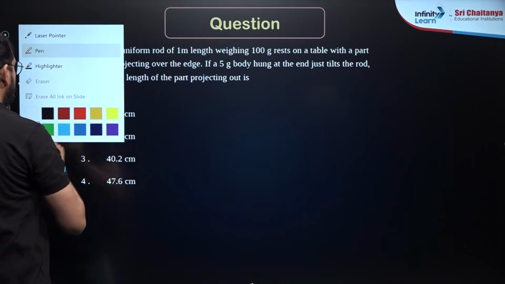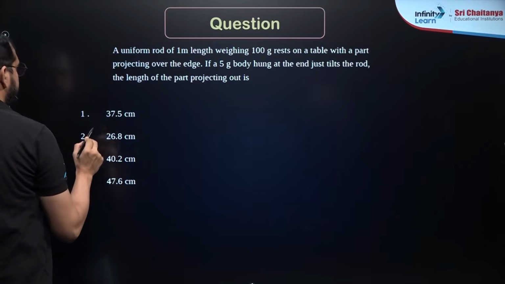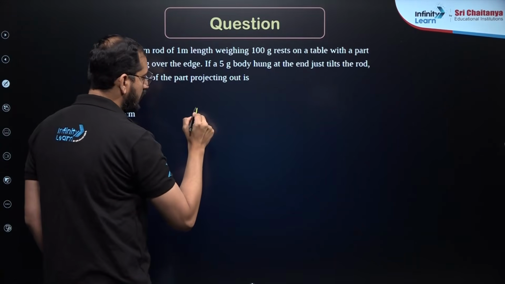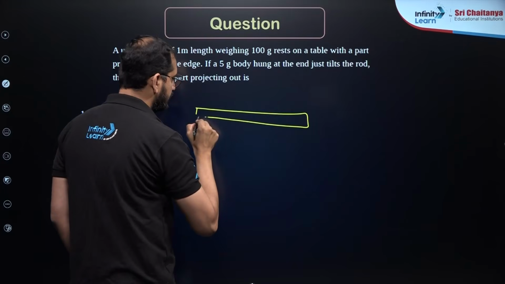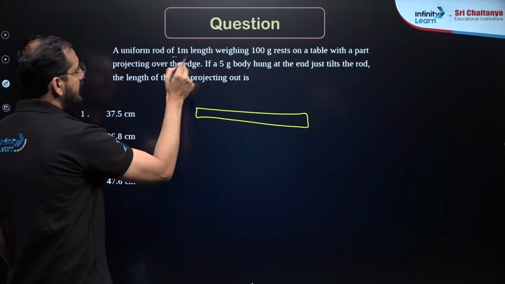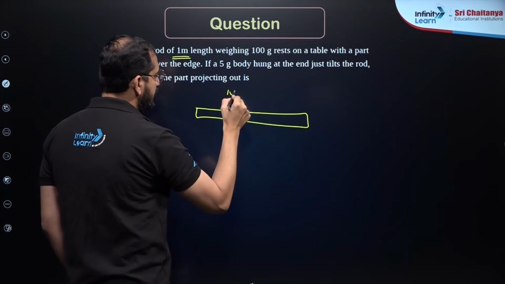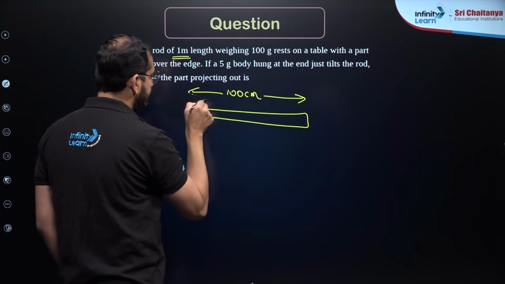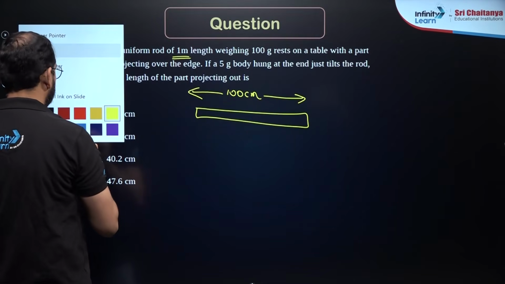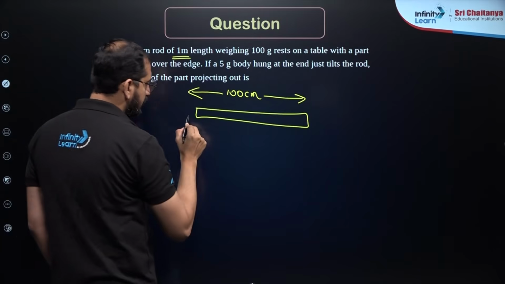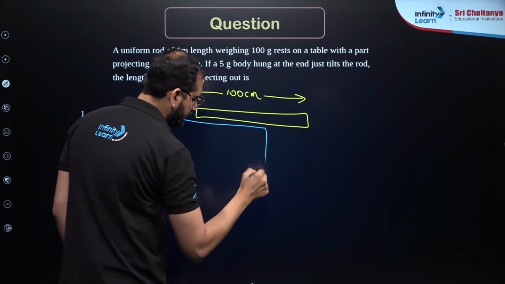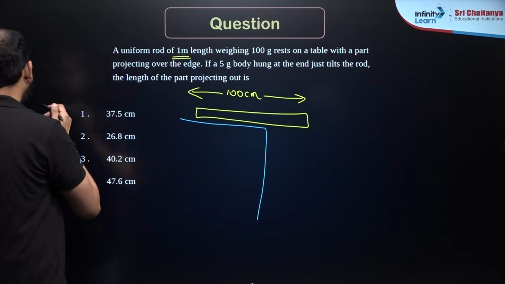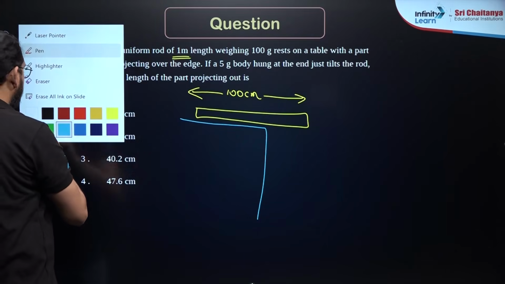So there is a uniform rod like this, and the length of the rod is 1 meter, which means it is 100 centimeter. It is kept on a table like this. The masses are also given.